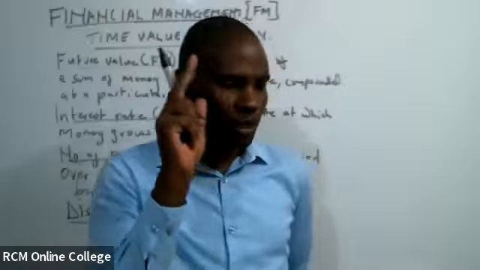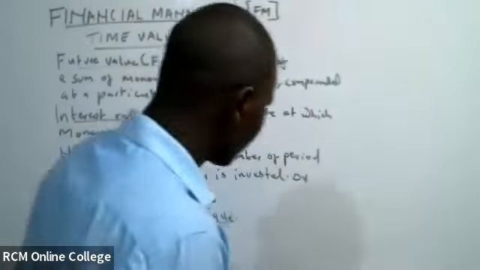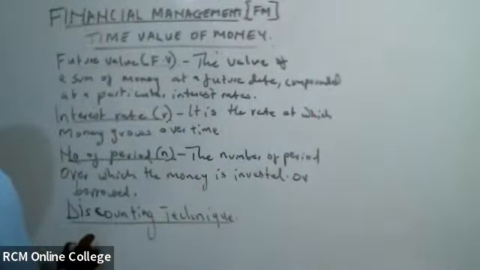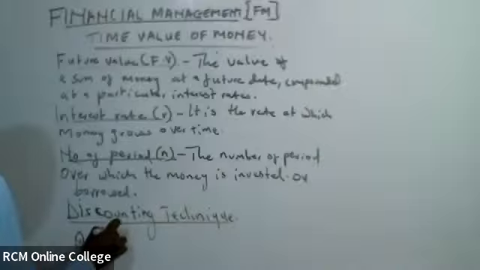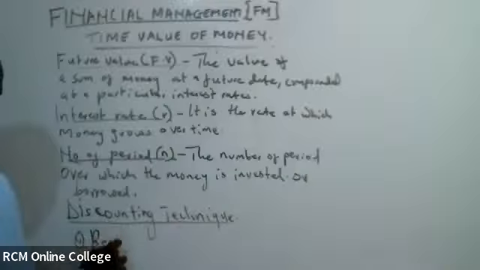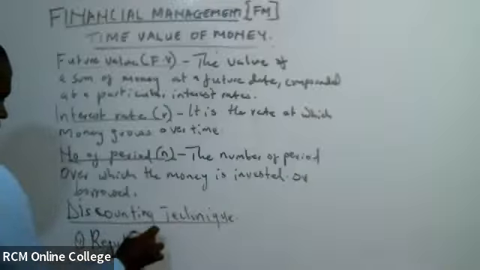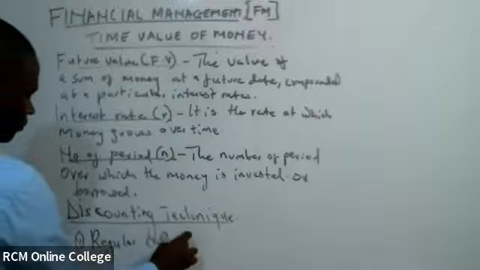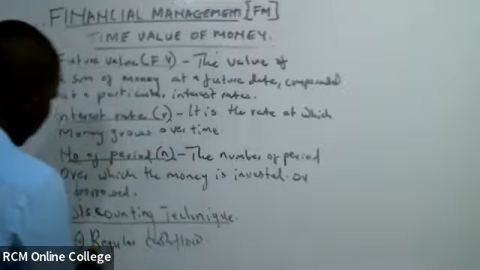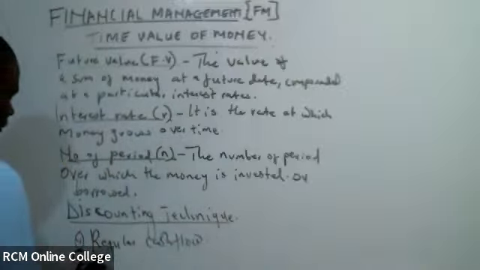And we said we have two types of cash flow. Number one, regular cash flow, and number two, irregular cash flow.